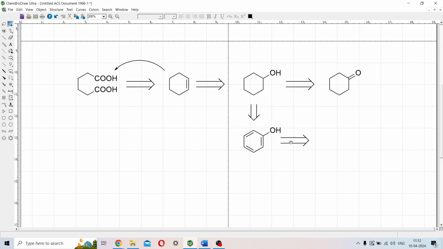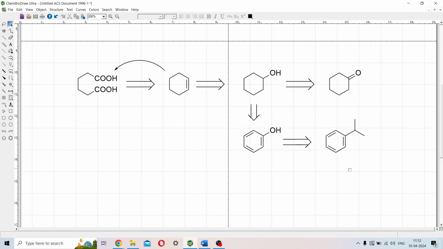And what is the most useful technique for synthesis of phenols? Cumene phenol, yeah. So you start from this one, right? The rearrangement itself that is involved there is called Hock rearrangement, the cumene phenol pathway.